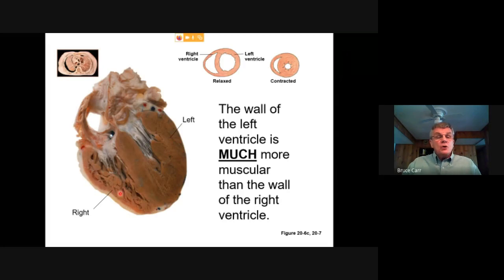Here's the right side of the heart. Notice this kind of irregular formation, this kind of almost perforated muscle tissue and a very, very thin outer covering. The right side actually pumps the same volume of blood as the left side, but because it's only going through the pulmonary arteries, through the lungs, and back through the pulmonary vein, all on the same level of the heart, it requires much less pumping pressure.